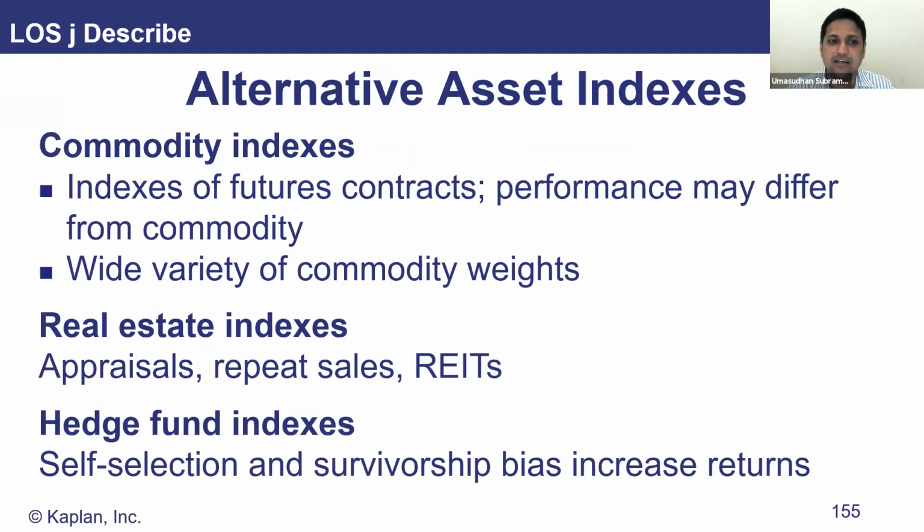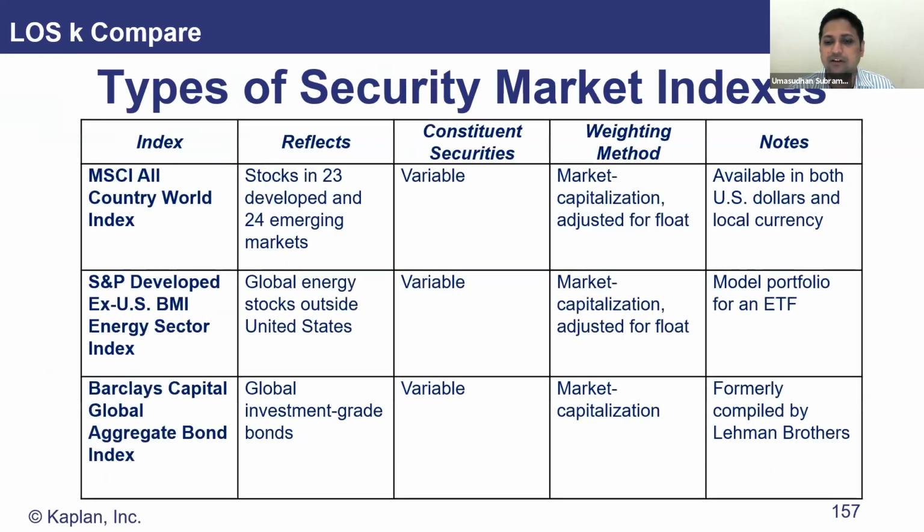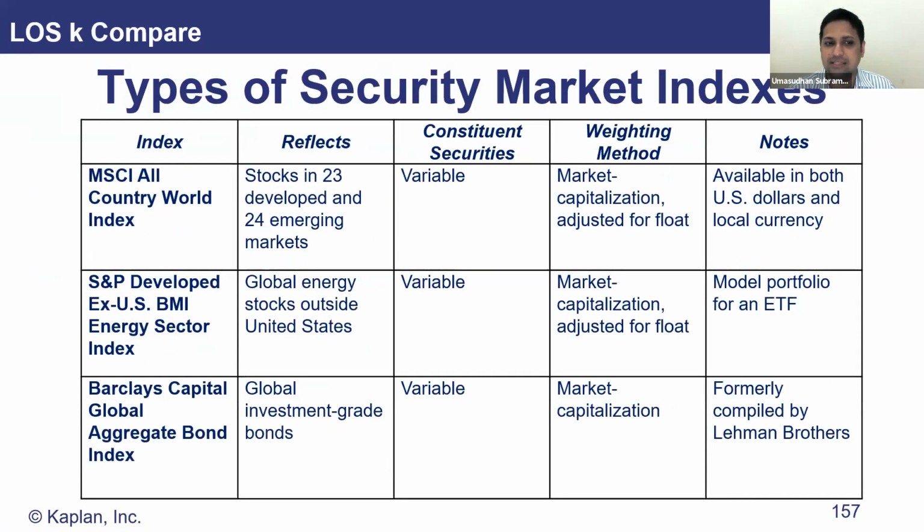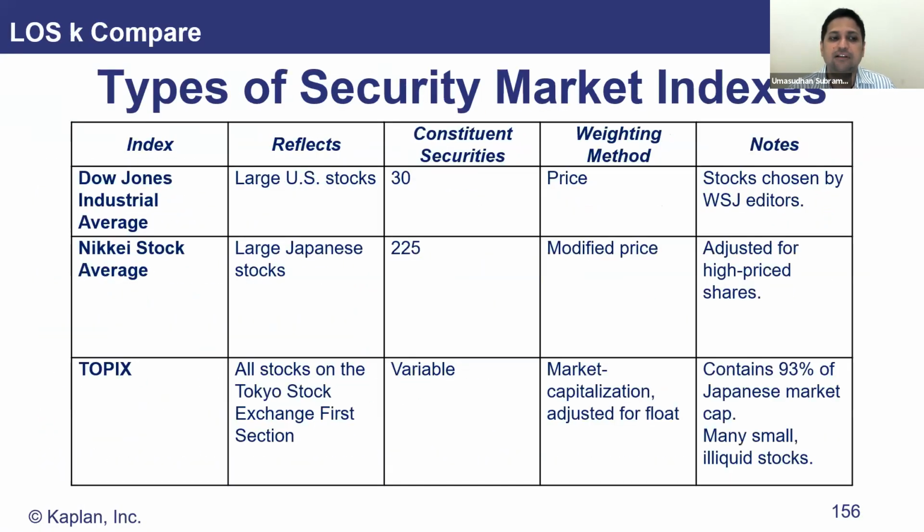From slide 156, 157, 158, 159, all the way up to 160, you have different types of popular indices. You have the Dow Jones Industrial Average, 30 stocks, a price weighted index. Nikkei Stock Average, large Japanese stocks, 225 stocks. TOPIX, all stocks in the Tokyo Stock Exchange, where the weighting method is market cap based.